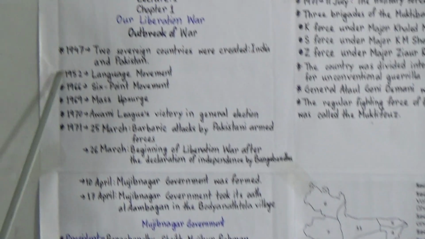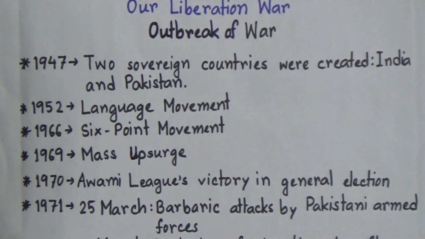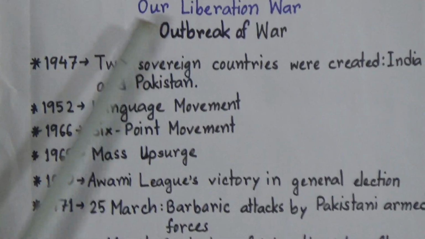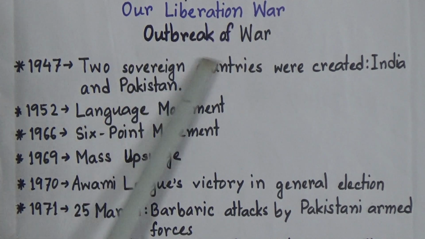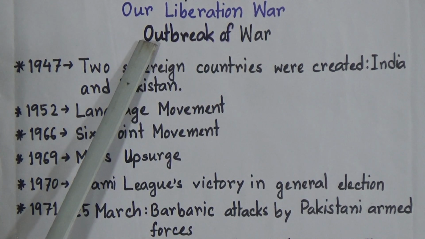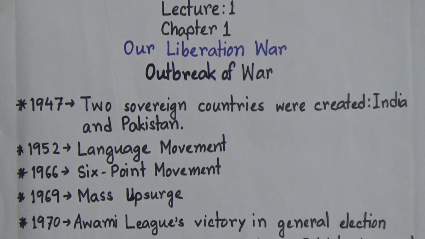Now look, for your help, I made a chart, and there is important information which you need to remember. The name of this chapter is Our Liberation War, and lesson 1 is Outbreak of War. And you all know that our Liberation War is a significant event in the history of Bangladesh.